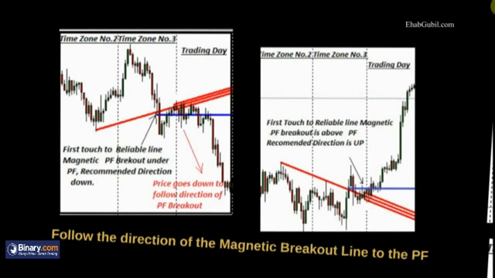Magnetic PF breakout is formed by the breakout of price action to the reliable line. We will represent the magnetic PF breakout as a horizontal line drawn from the first touch of price action to the reliable line and extended to the trading day or week that we are trading in.